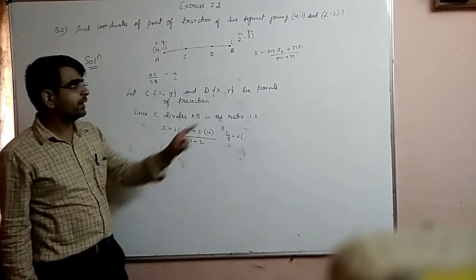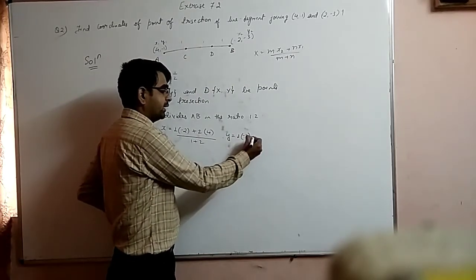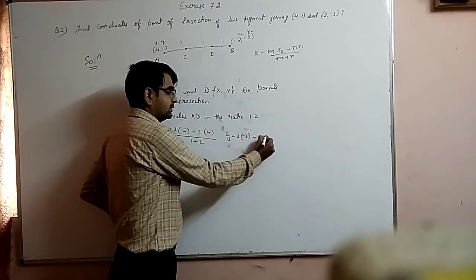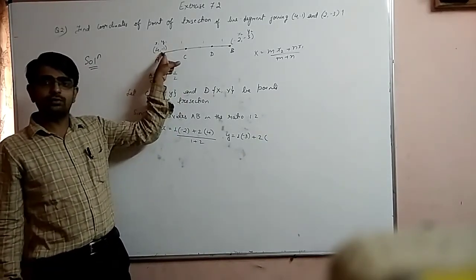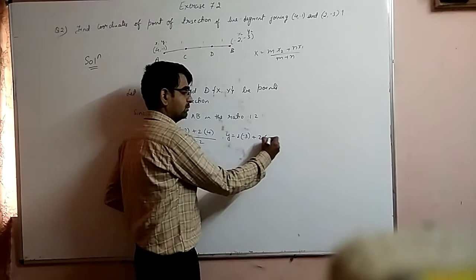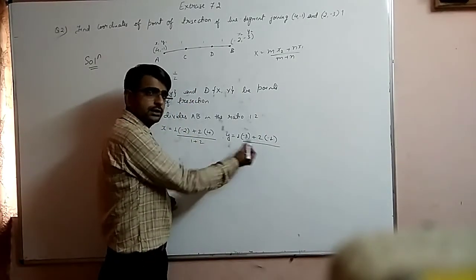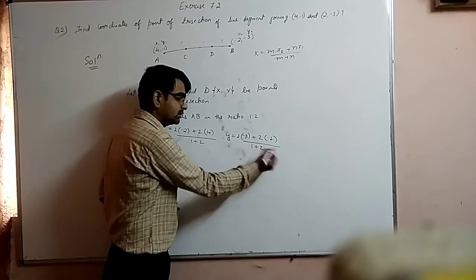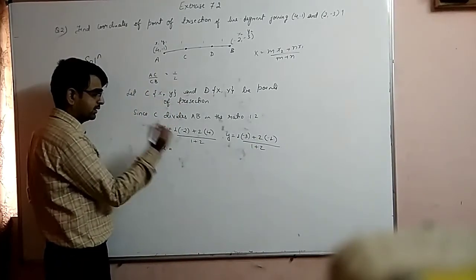Now see, y2 is -3. So instead of y2 I can write -3, n is 2 and the value of y1 is minus 1. So minus 1, then m plus n, m is 1, n is 2, so 1 plus 2.